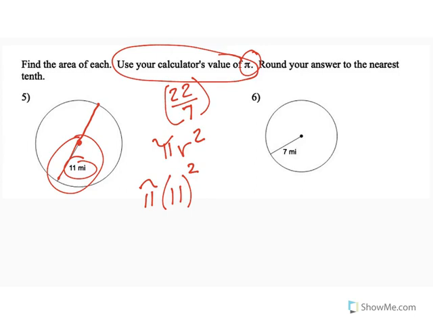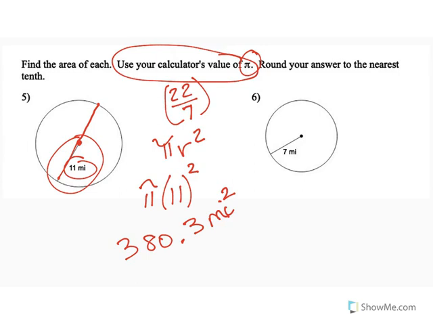I'm going to use 22/7 to be exact. And I get 380.3 rounding, miles squared.